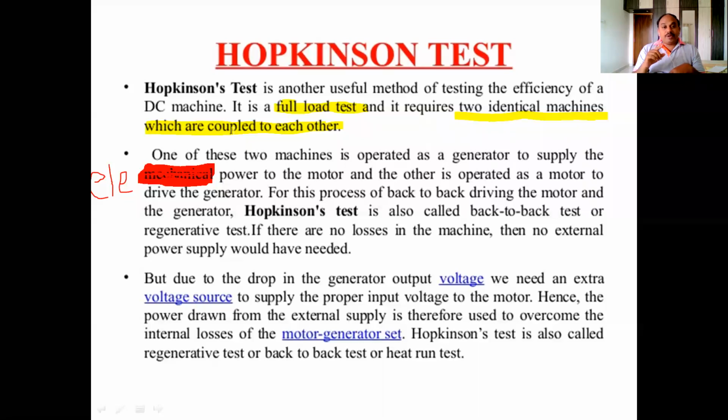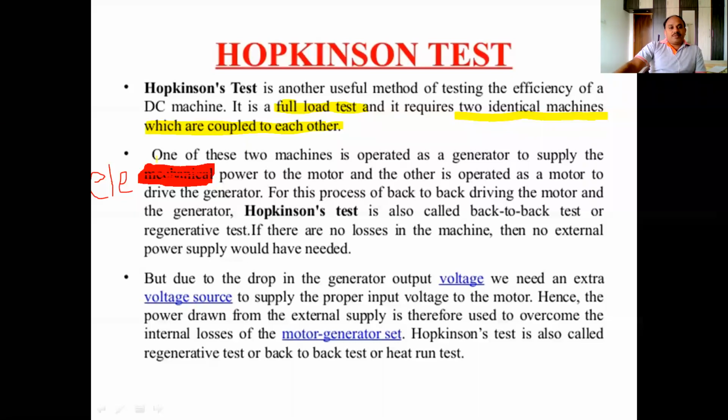Electrically connected means it may be a series or parallel combination, but here in this test, both motor and generator are electrically connected in parallel. So there exists a parallel connection and a mechanical connection between the two identical machines.